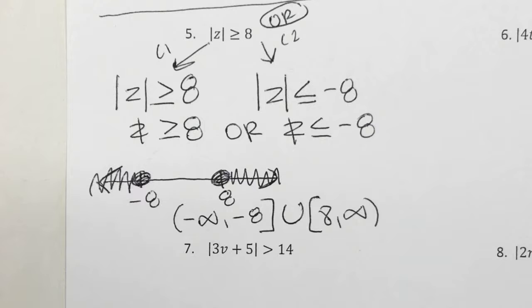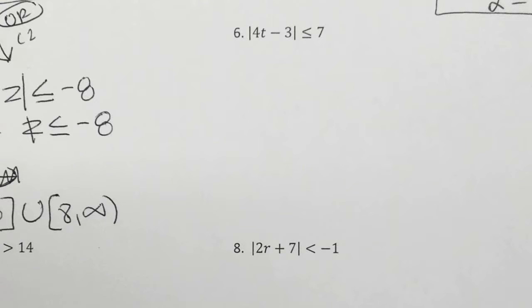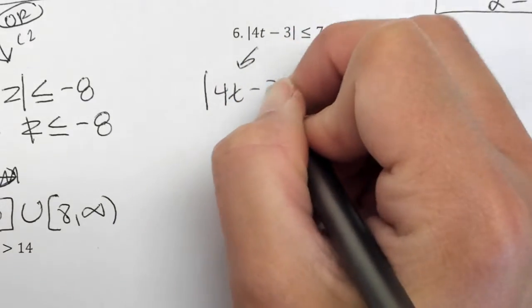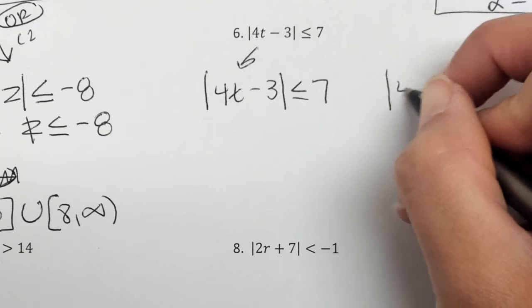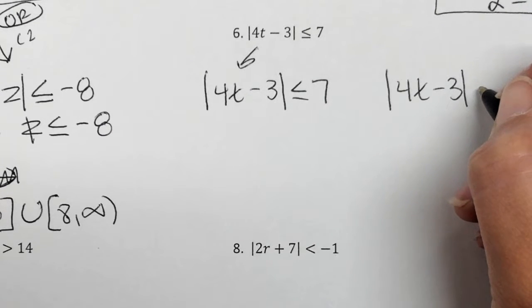Alright, for the next one. Is the absolute value by itself? Yeah, we've already done that first step, right? Or they've already done it for us. So this is called our what? Case 1. Now, tell me what to write for case 2. Almost.